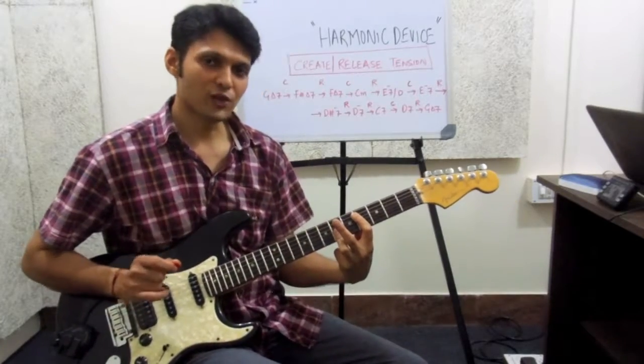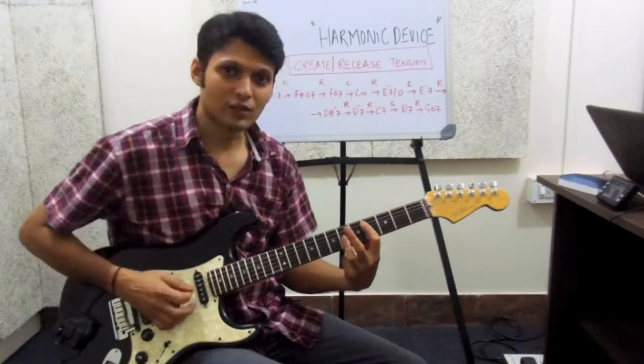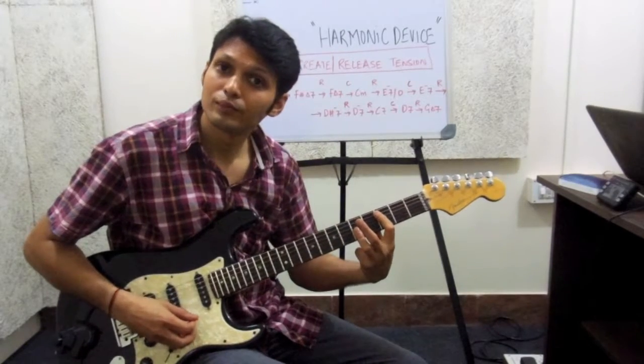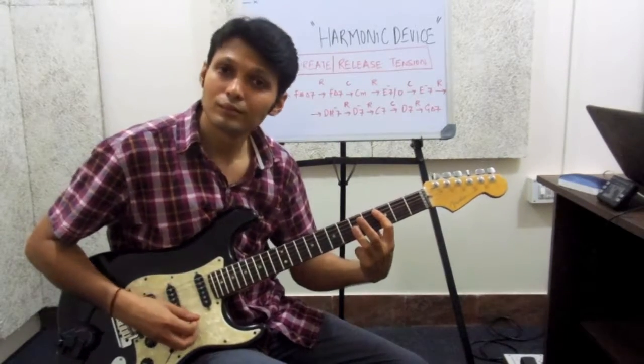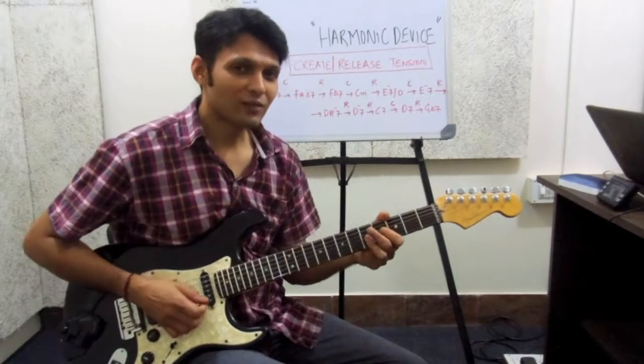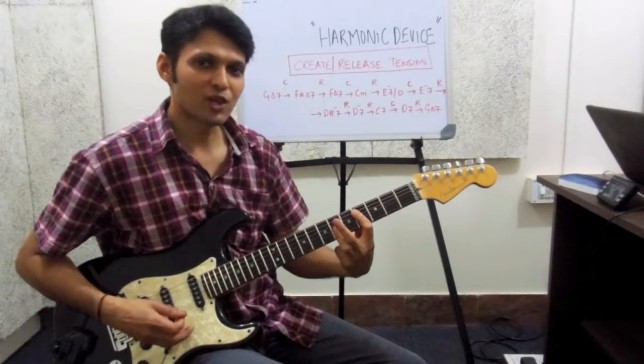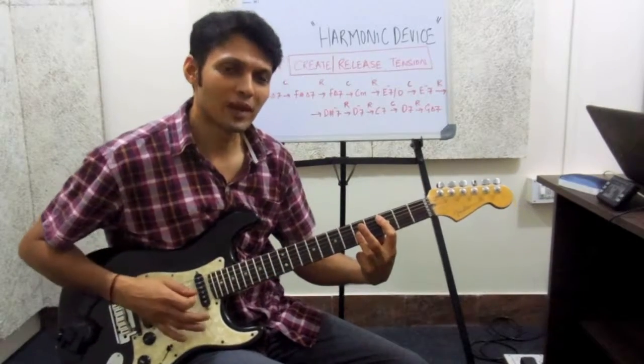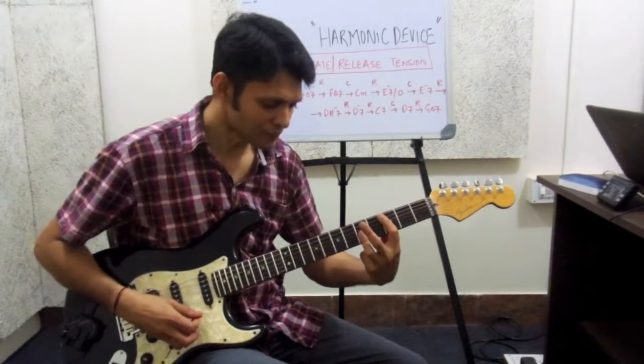Now when we move from F sharp major 7 to F major 7, let's see what happens. You get this feeling that the tension that was built with F sharp major 7 starts to get released a bit when I play the F major 7.